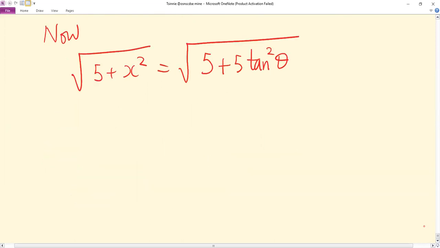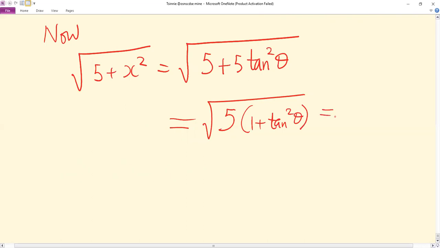This is the same thing as factoring 5 out: the square root of 5 times (1 plus tan squared theta), and 1 plus tan squared is sec squared, and this will give us root 5 sec theta.